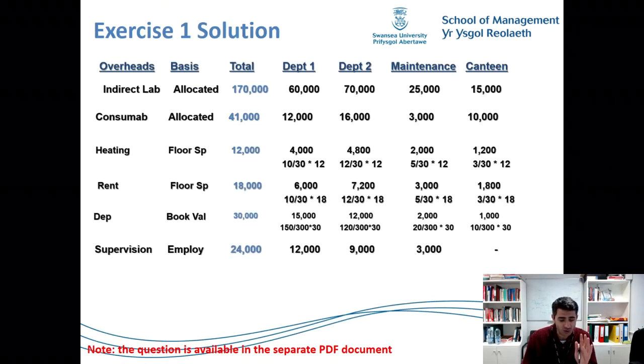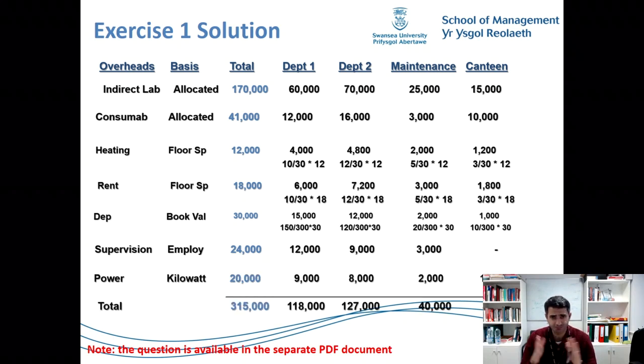So far, as you see, what we did, we allocated all the overheads across all the departments, including the production departments and also the non-production departments. So what you need to do right now, you need to find the total. As you see, Department 1, the first production department, is £118,000.